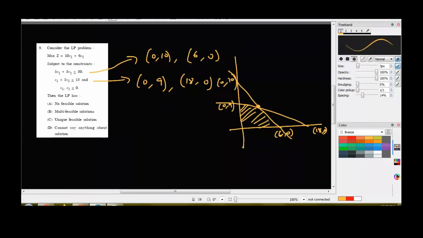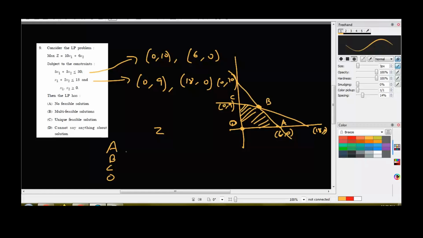And so this point of intersection, which is a corner point, has to be obtained. So this is the origin. Let us assume this as A, this as B, C, and D. So the value of Z at the points A, B, C, and origin, instead of D, we'll put it as O, standard notation.